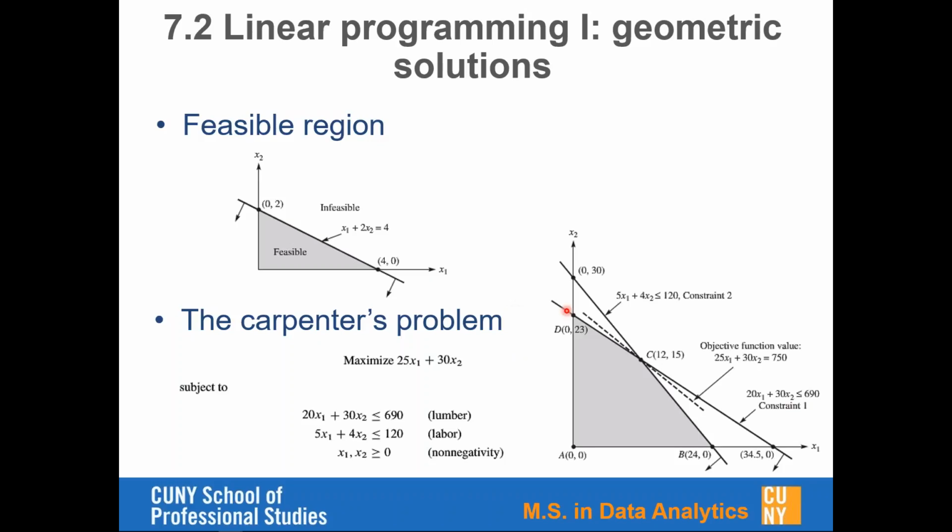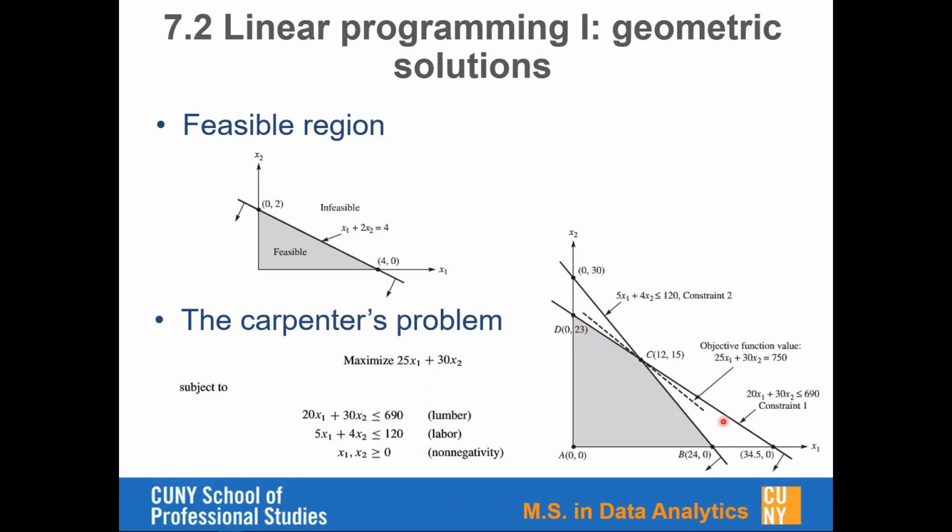This line is the equality of that function, 20x1 plus 30x2 equals 690. To satisfy this relationship, it has to be anything in this area on this side of the line.